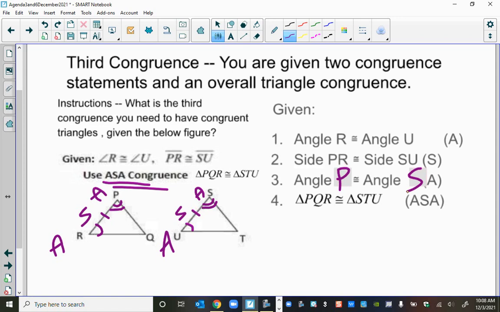Yes, you can. Christian, how many letters do we need to make a side? One or two? Or three? For a side, how many points do we need to make up a side?